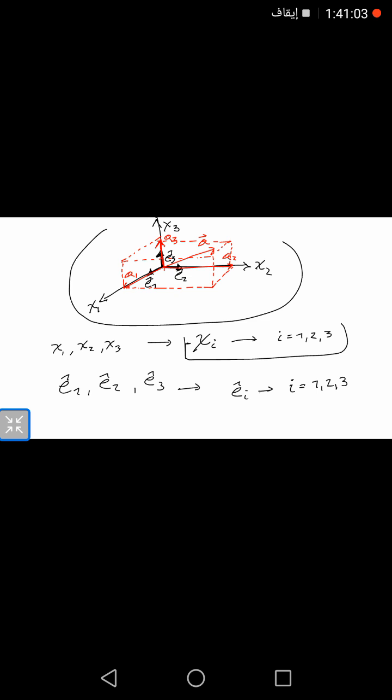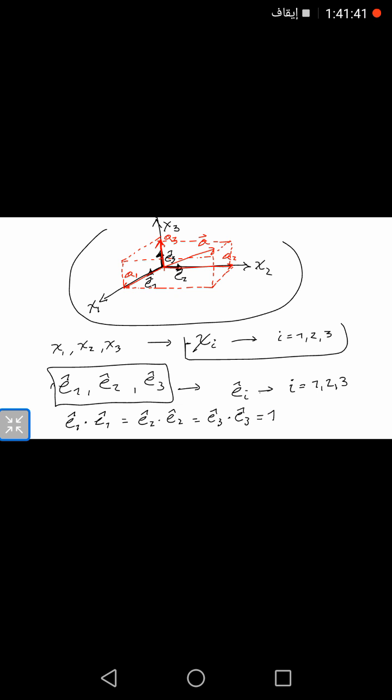The basis vectors E1, E2, E3 have the following properties. E1 dot E1 is equal to E2 dot E2, equal to E3 dot E3, equal to 1.